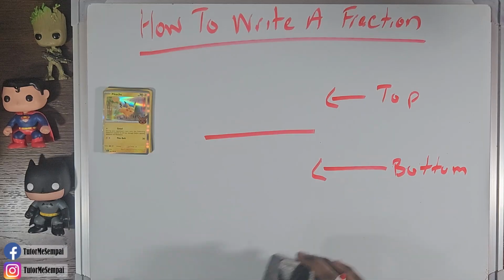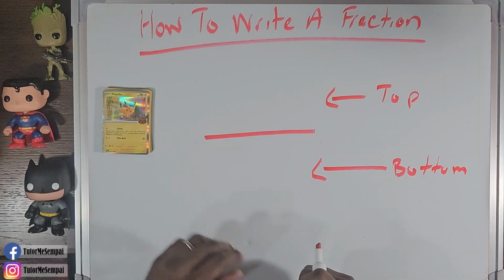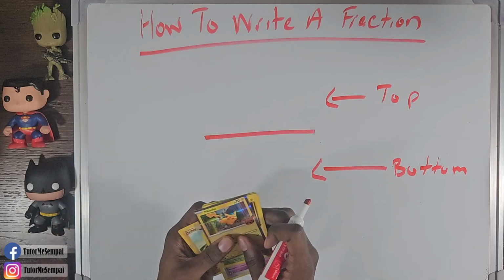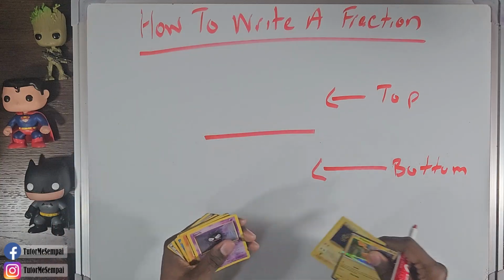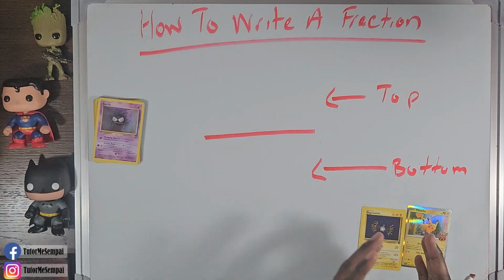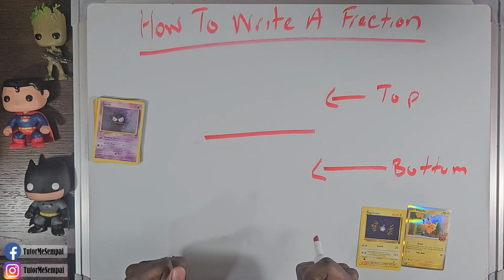What does it represent? Well, let's look back at our group of Pokemon cards. And we said we wanted to focus on how many electric Pokemon we had. We found we had 2. Well, our focus was 2 because we're focusing on electric Pokemon. Your focus is always going to be in the top part of your fraction.